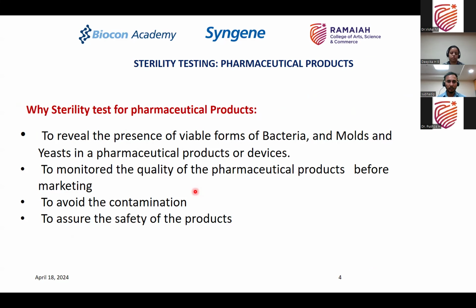Once again, the main purpose of conducting the sterility test is to find out the presence of viable forms of bacteria, molds, and yeast. So it is not only bacteria; we should also analyze the presence of molds.